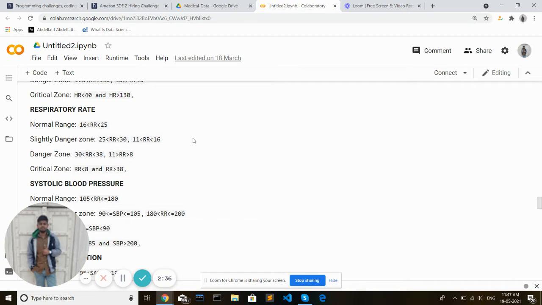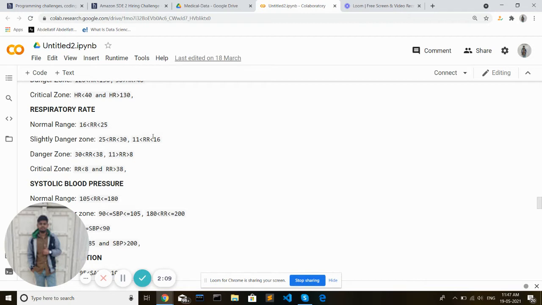This could be used later by the model when we train a model, giving some points in later stages. If the patient is in the normal range, then it could be a good score, on a range from 0 to 100. 0 means the patient is not showing a good condition, and 100% shows a good condition.